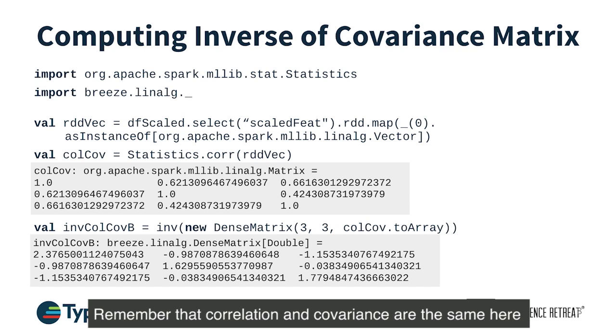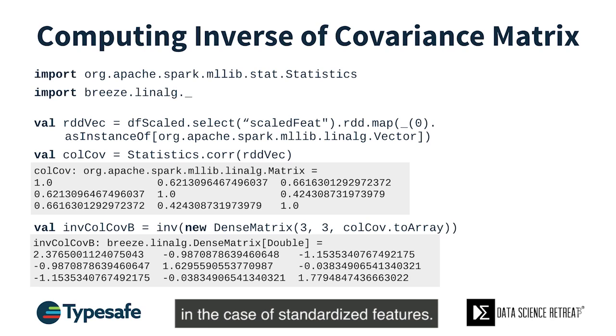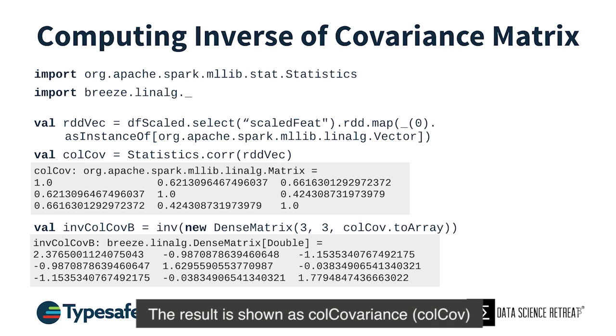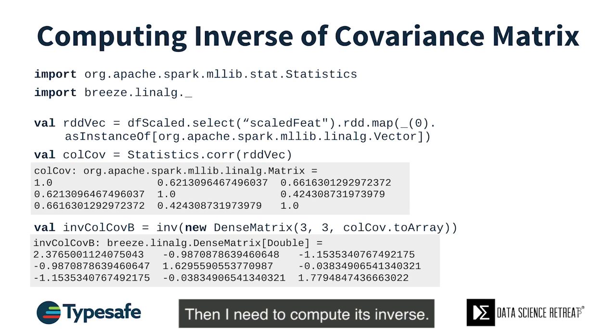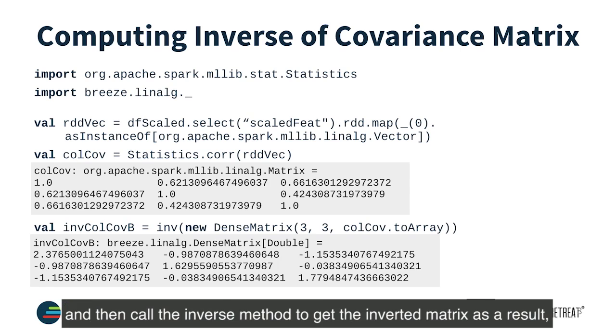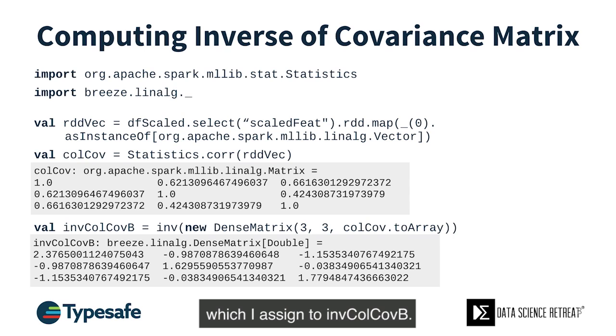Remember that correlation and covariance are the same here in the case of standardized features. The result is shown as col_cov. Then I need to compute its inverse. I create a new instance of a 3x3 dense matrix from Breeze and then call the inverse method to get the inverted matrix as a result, which I assign to inv_col_cov_b.